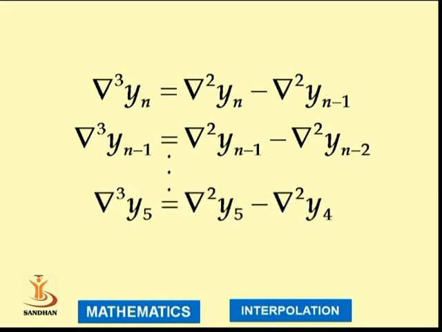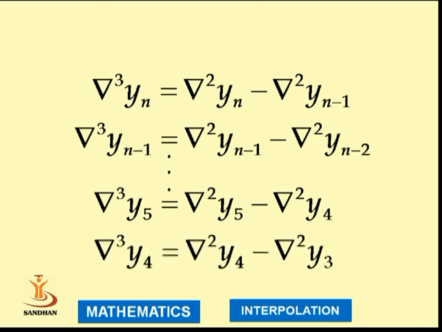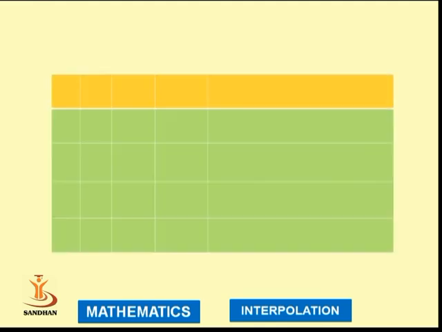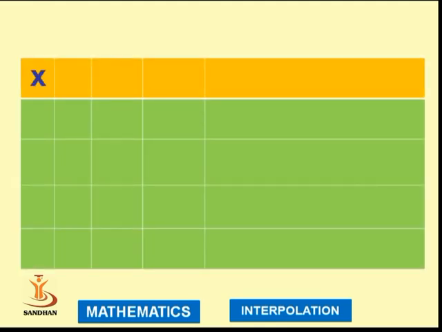Δ³y5 is equal to Δ²y5 minus Δ²y4, and Δ³y4 is equal to Δ²y4 minus Δ²y3. Let us look at it in a tabular form for further understanding.